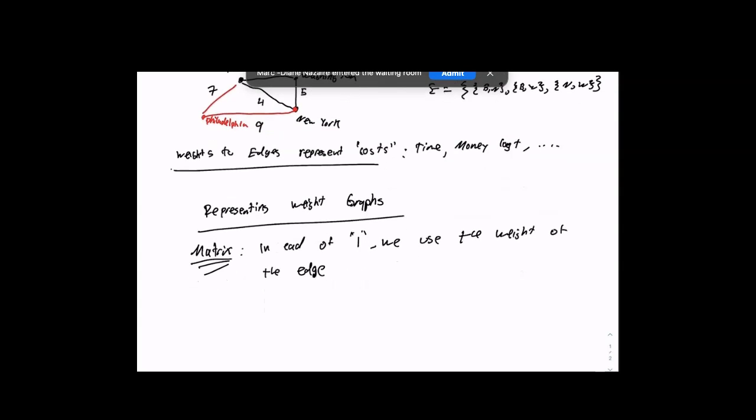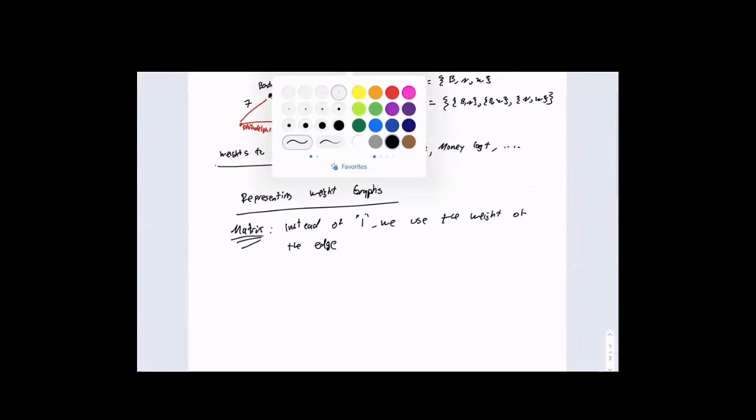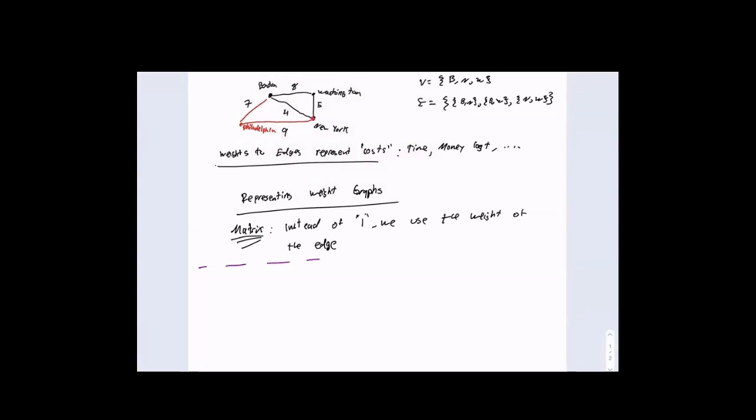So instead of using just a bunch of 1s everywhere, we're going to put in the actual weight of that edge. So let's do an example. Let's do the example above.